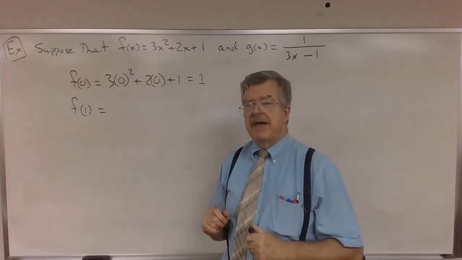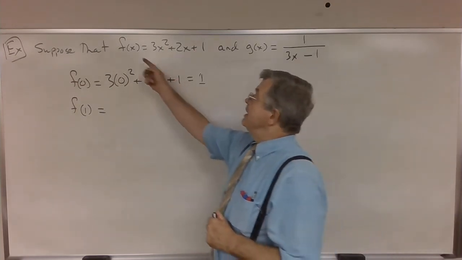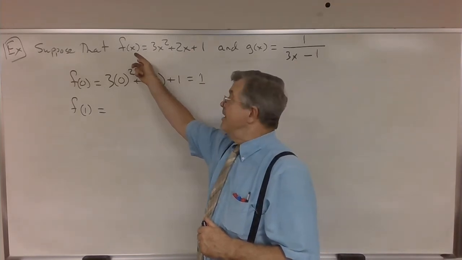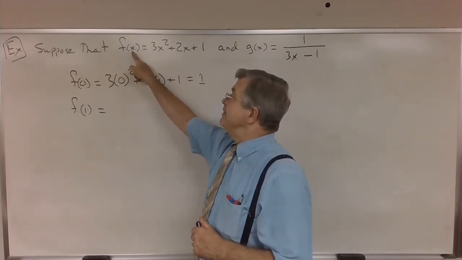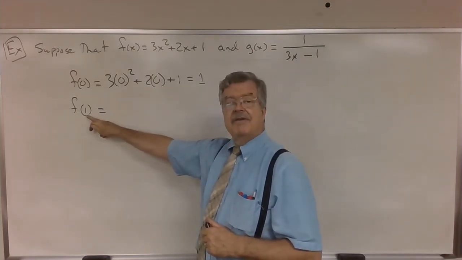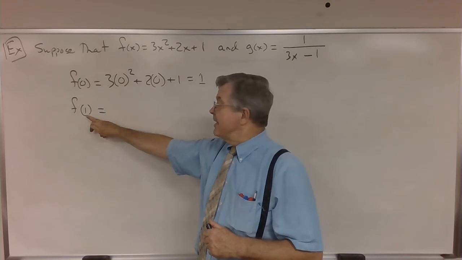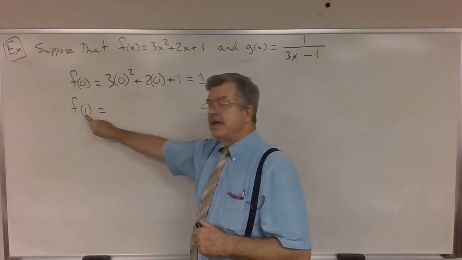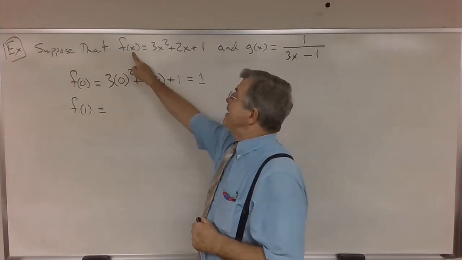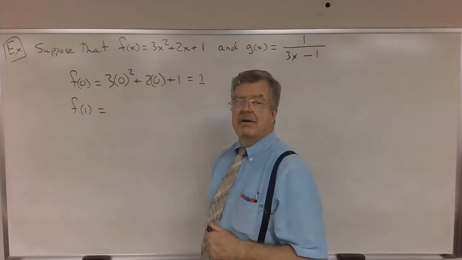But why do we do that? Well, here's our model, our definition of f of x. This is f evaluated at x. Down here we have f evaluated at 1, which means that down here, 1 plays the role that x plays up here in our model.